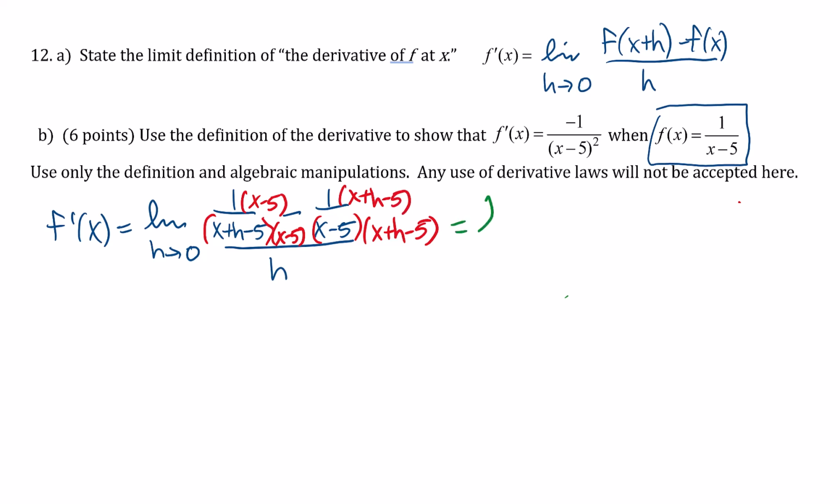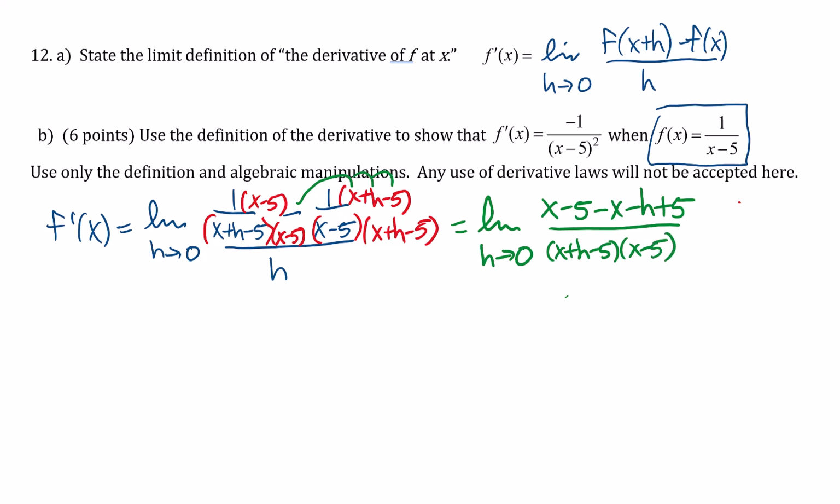Okay, so now we have the limit as h goes to 0 of x minus 5, and this negative applies to all three terms here, so that will make that negative x minus h plus 5, and that's over our common denominator, which was x plus h minus 5 times x minus 5, and then that whole thing is over h. Let's see what we can do to simplify.